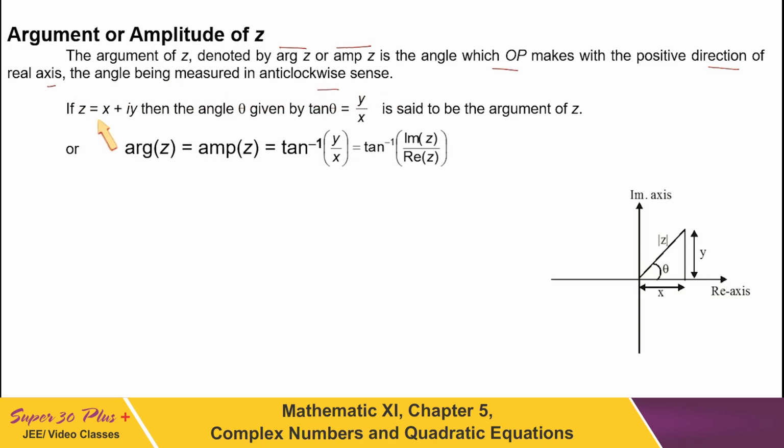If z = x + iy, then the angle theta given by tan theta = y/x is said to be the argument of z. We can represent this as arg z, amp z, equal to tan inverse y/x, and you can write it as tan inverse of imaginary part of z upon real part of z, and it is angle theta.